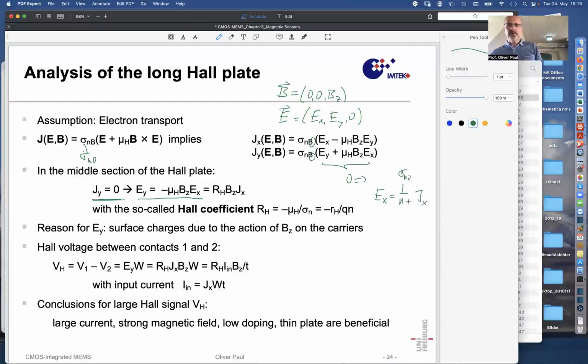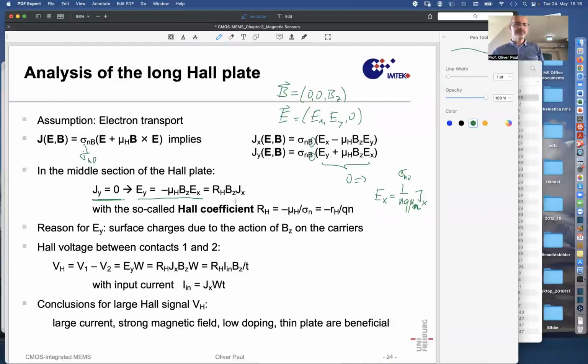in approximation, so without B field, that's what I would have. Then I can insert this result in here and substitute a little bit and replace the Ex by Jx.